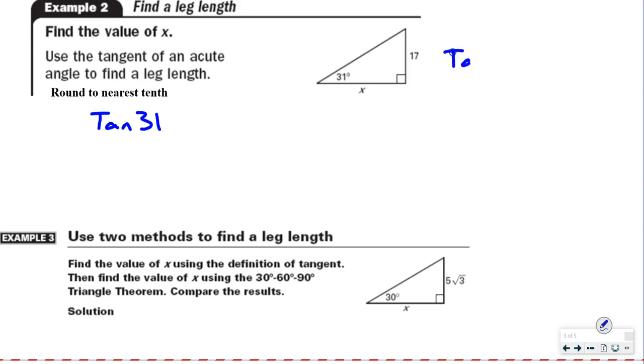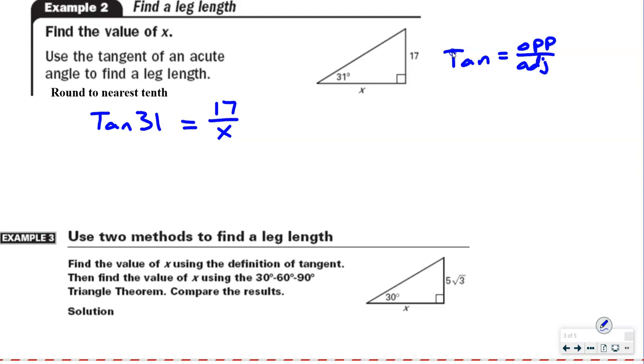Okay, so let's remember tangent equals opposite over adjacent. So when we look at tangent 31, it's going to be equal to opposite side, opposite of our angle, which is 17, over the adjacent side, or the adjacent leg, which is x.